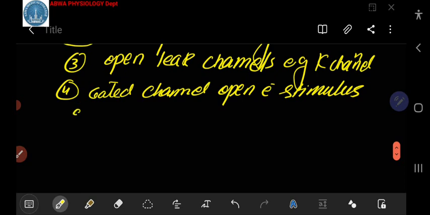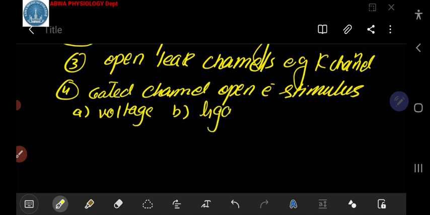It may be A, voltage gated, B, ligand, and C is mechanosensitive.